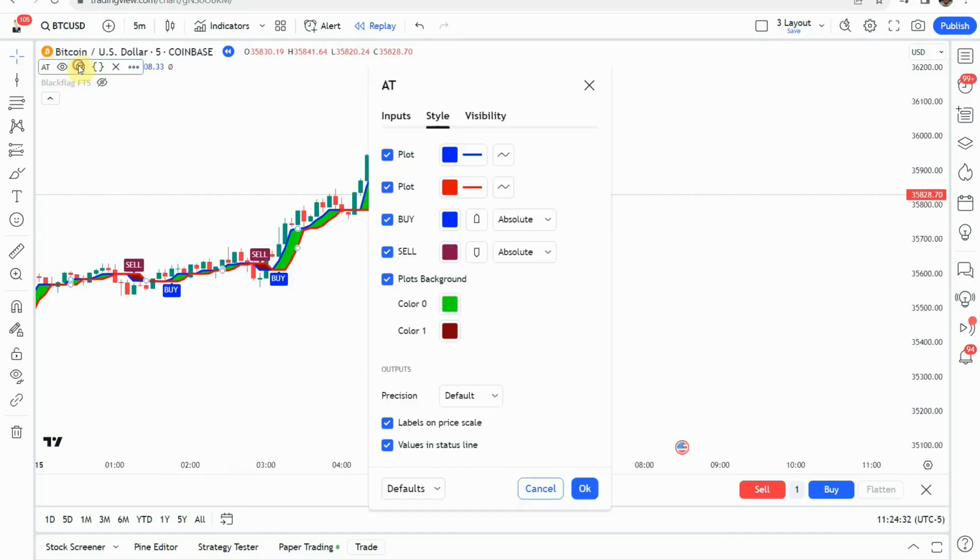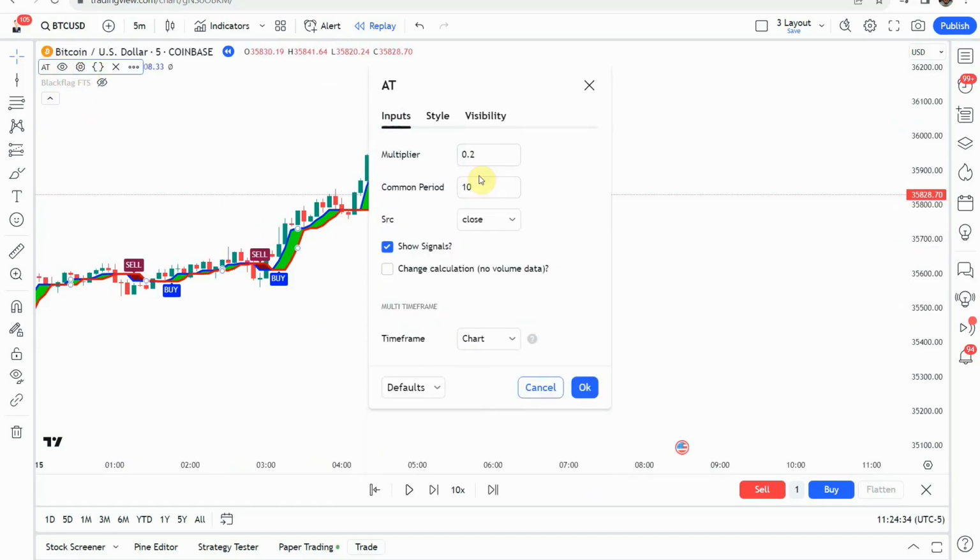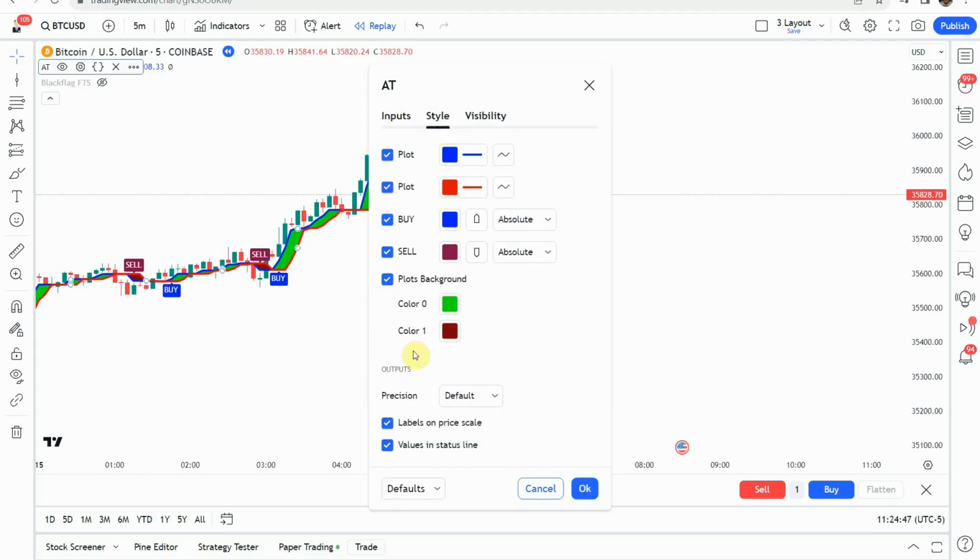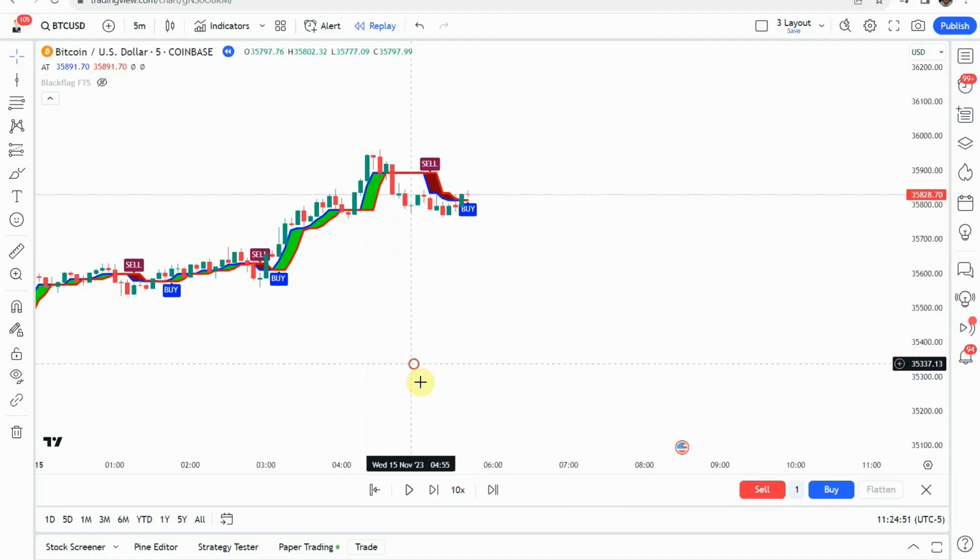You'll make a few modifications, and so on the inputs you will put it like this here: multiple of 0.2 and common period of 10. You'll make sure that these are checked accordingly, and then this is the style. I think everything is set on default.